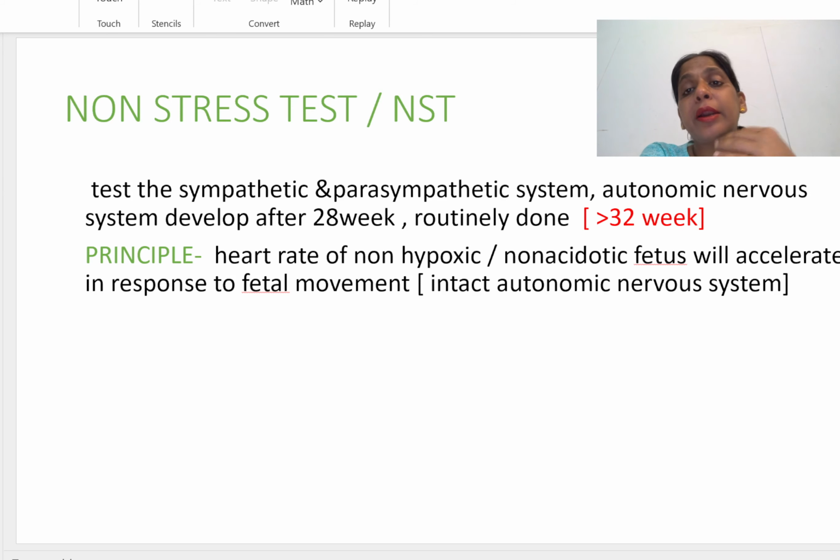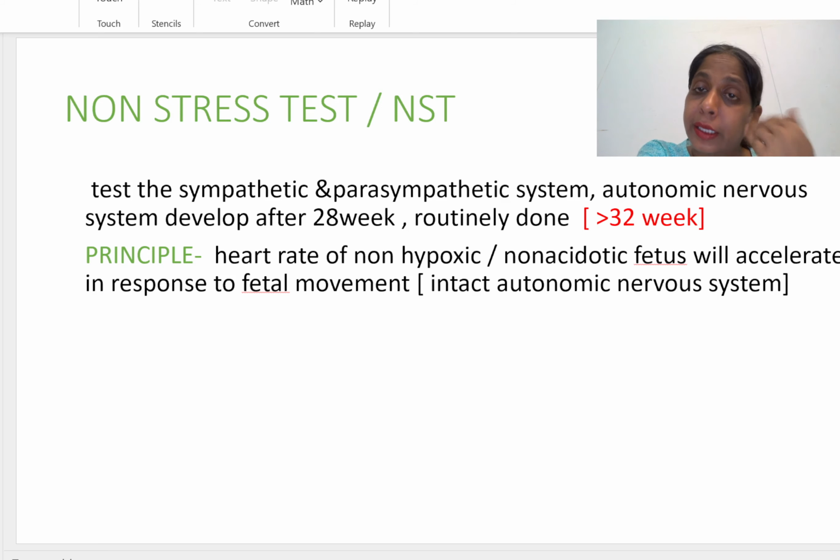If the fetal heart rate is rising, it means the fetus is active and normal. And if the fetus is suffering hypoxia or acidemia, then there will be no increase in the heart rate with the fetal movement.